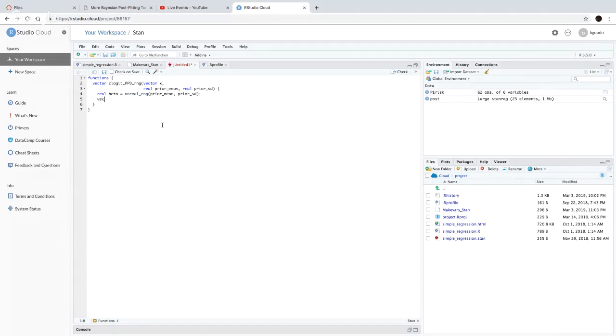All right, so then we can create a linear predictor: data times the coefficient. Okay.